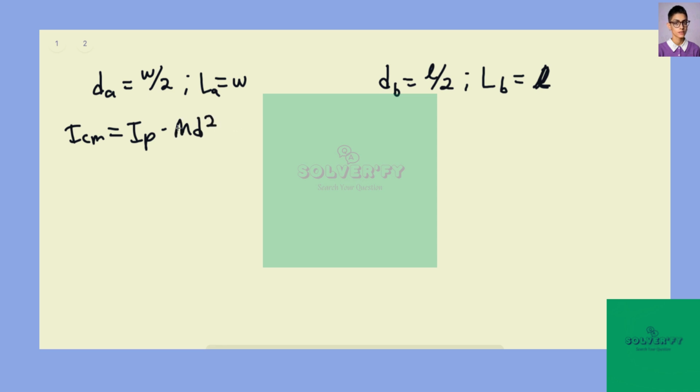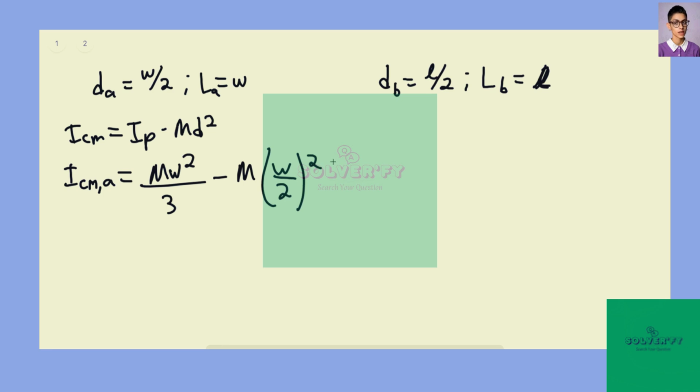At this point, we can say that I_CM of A will equal mw squared over 3 minus m(w over 2) squared, which is mw squared over 12. Again, w denotes width.